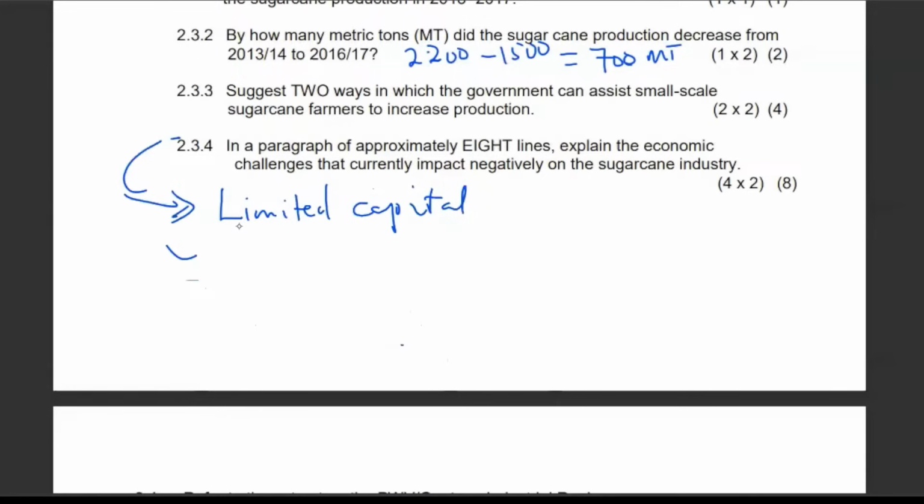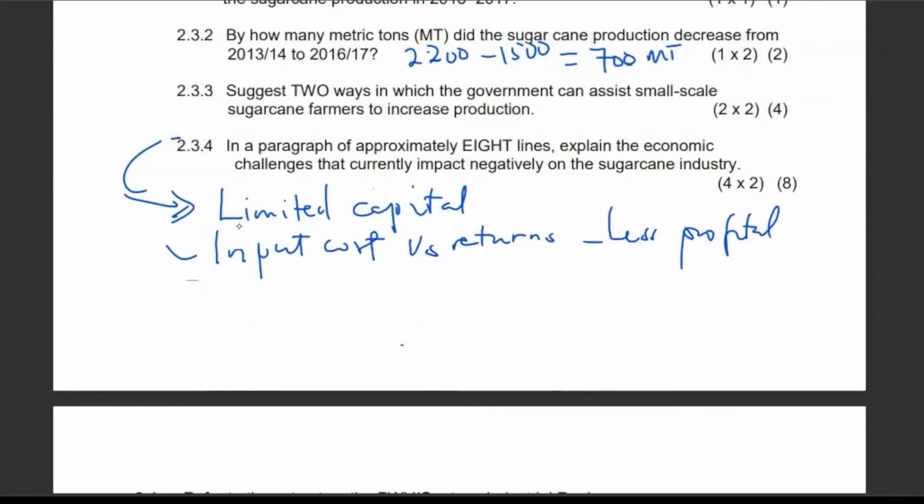Then we can also talk of some other limitations like input costs compared to returns. There's less profitability. The inputs are expensive.